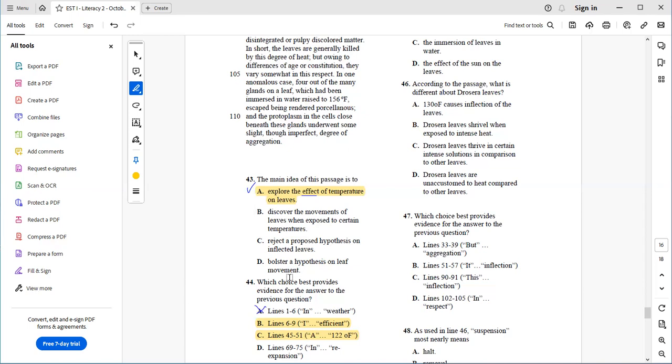Yusuf? Okay, Myrna said A and B. Waiting for Yusuf. Yusuf, can you hear me? Hello. If you can hear me, just write the answer, Yusuf.